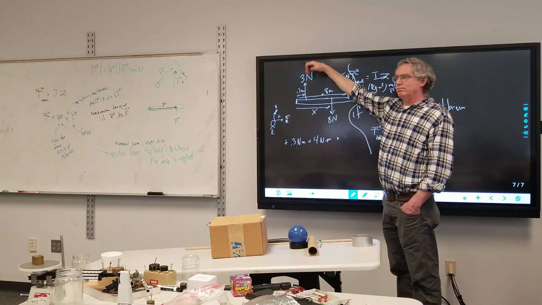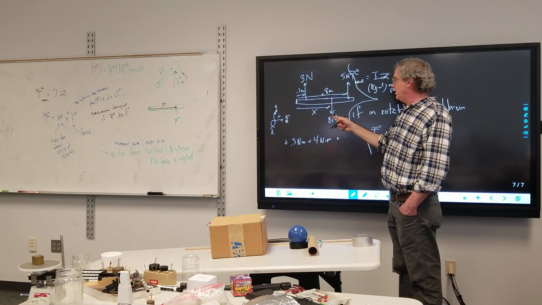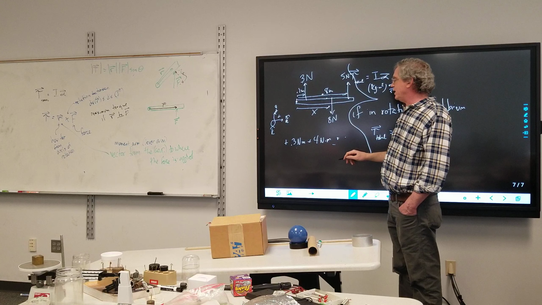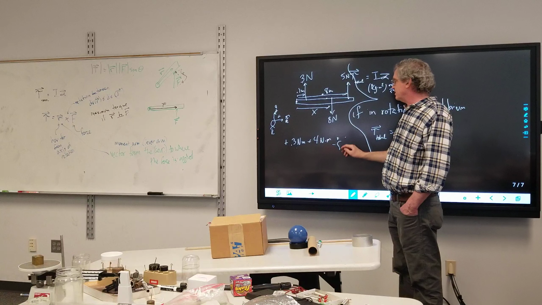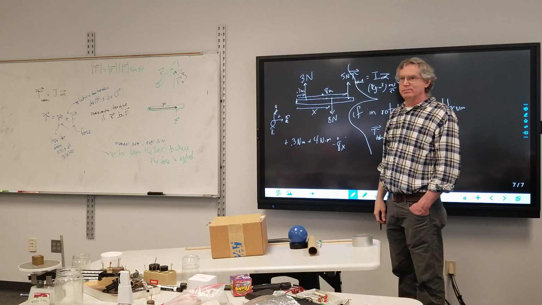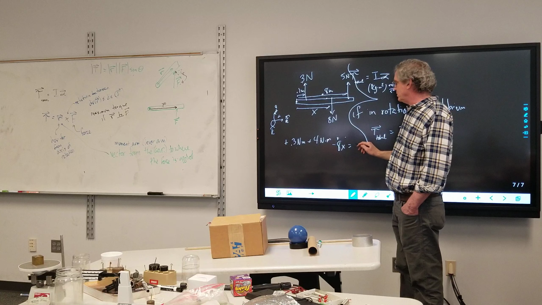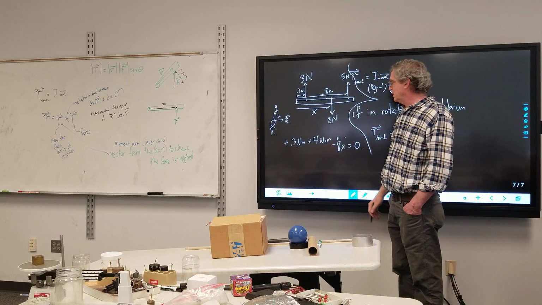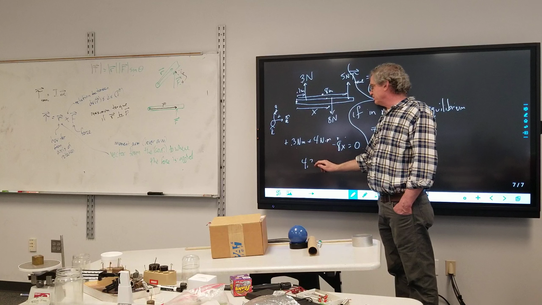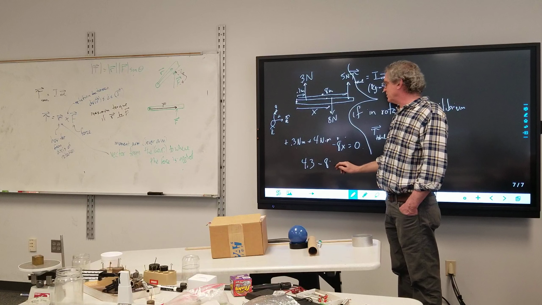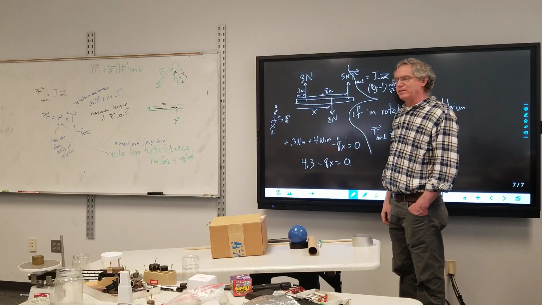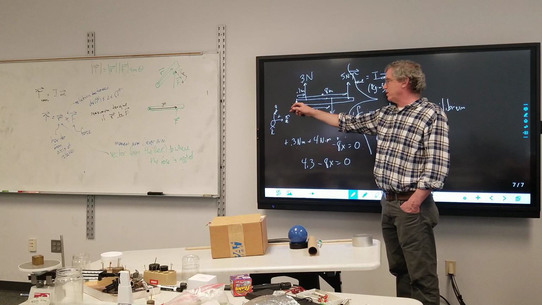It's causing it to rotate clockwise. And then this one right here, I don't know what it is, but I do know it's going to be 8 times whatever x is, equals 0. So I have 4.3 minus 8x is equal to 0. That's the math problem. X is how far it is from the left end.